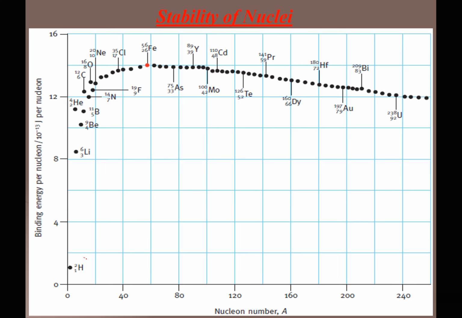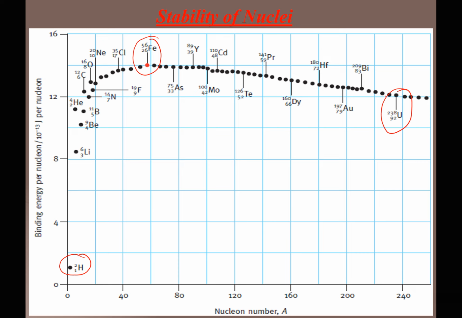The first one I will highlight is deuterium, H-2-1, not hydrogen. I'll also highlight iron, Fe-56-26, and I'll also highlight uranium, U-238-92. These are going to be the determining nuclei on this graph.